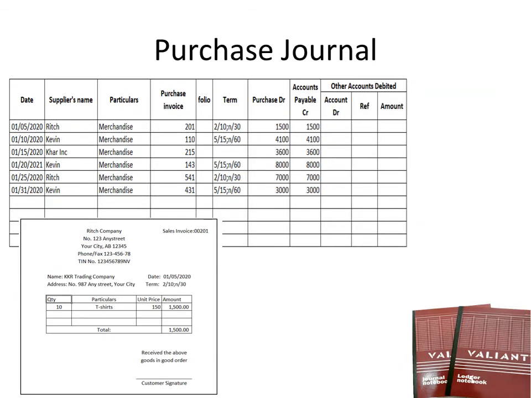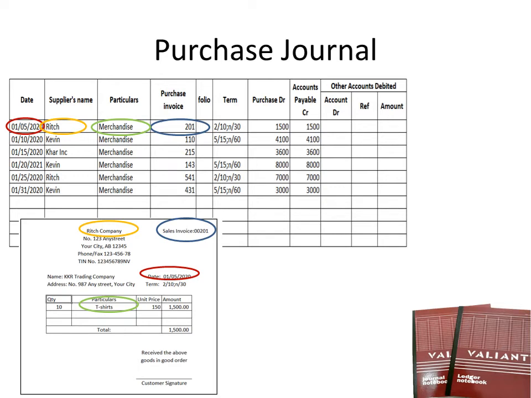Okay? So how do we record the journal from our invoice? The sales invoice number is also our purchase invoice number. Okay? Because for this one, we're not the seller, but we are the buyer. So we have the date when we purchased. Next, our supplier, so it's the Rich Company. And then the merchandise that we bought, t-shirt.